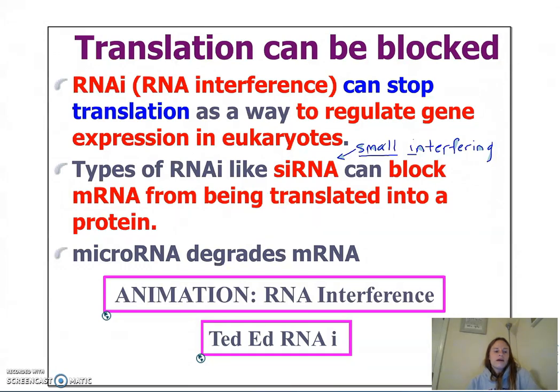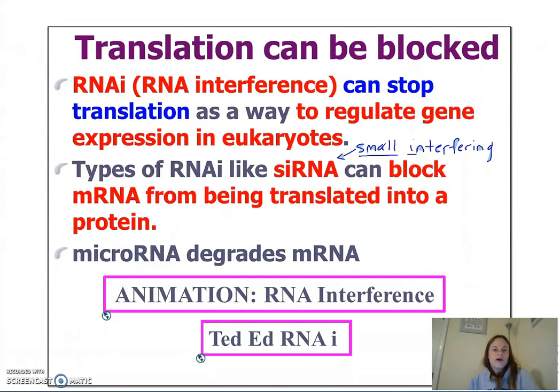But now let's say we have a gene that codes for the repression of that disease. Well, then we would want to use this RNA interference as a way of stopping translation in an attempt to regulate gene expression in eukaryotes, meaning what genes get expressed or turned on and what genes get turned off or not expressed.